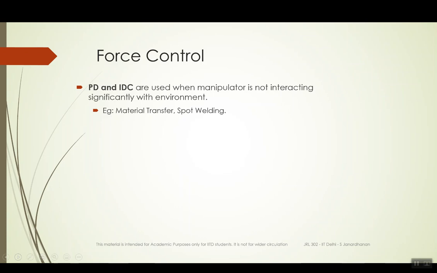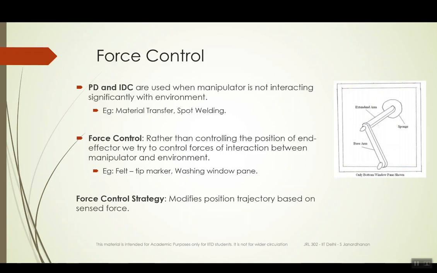But there may be situations where you would require the manipulator to interact with the environment, that is, apply force against some environment. Say, for example, a robotic arm that is cleaning a window. You have a sponge here and some amount of force has to be applied onto the window, and the manipulator has to move in this xy direction.